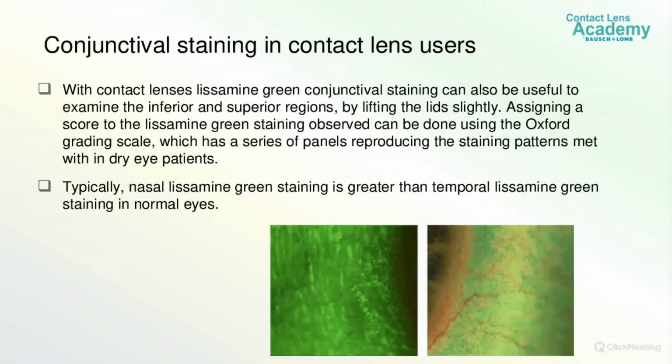Assigning a score to the lissamine green staining observed can be done using the Oxford grading scale, which has a series of panels from A to E, reproducing the staining patterns met with in dry eye patients. Typically, nasal lissamine green staining is greater than temporal lissamine green staining in normal eyes.